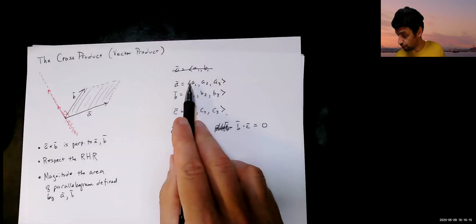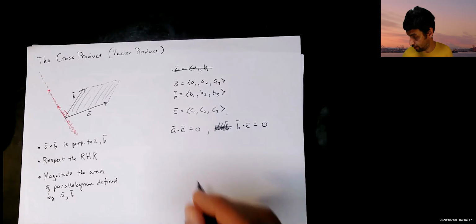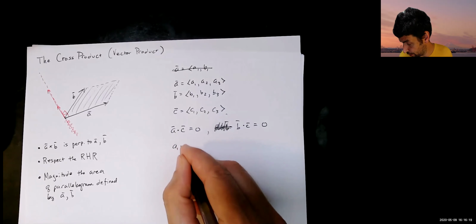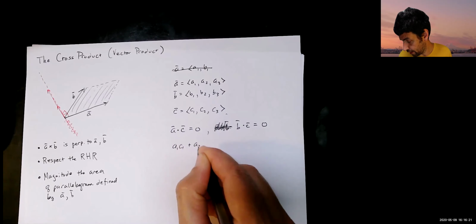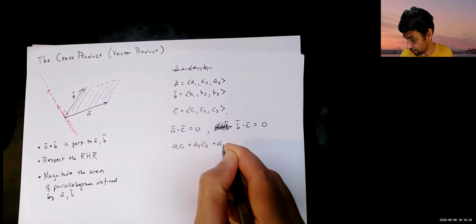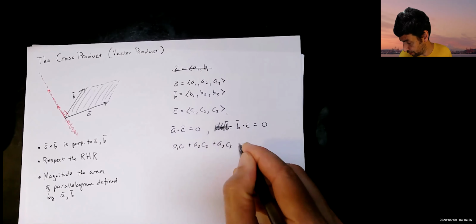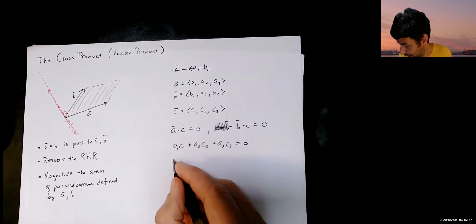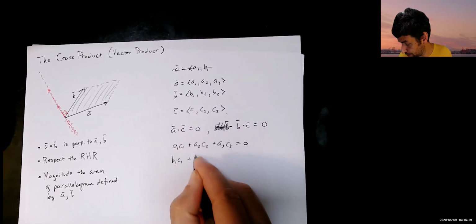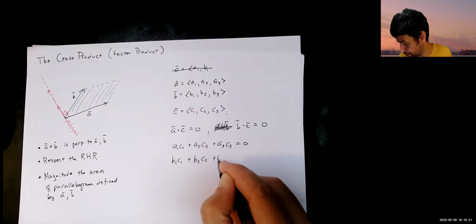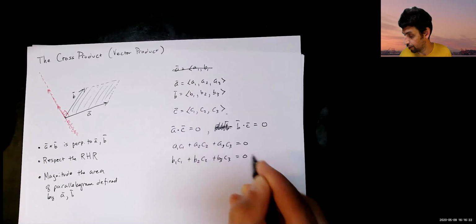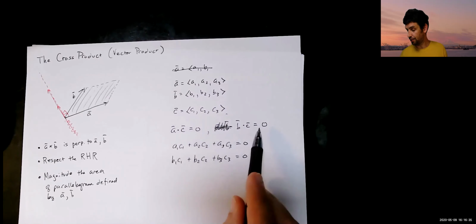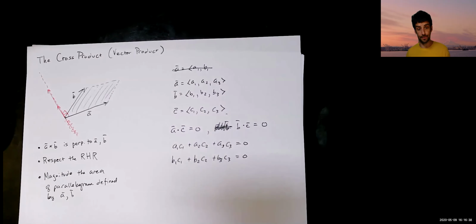So according to these components here, that means A1 C1 plus A2 C2 plus A3 C3 equals 0. And then B1 C1 plus B2 C2 plus B3 C3 equals 0, right? So all I've written out is these two statements that the dot products are 0.